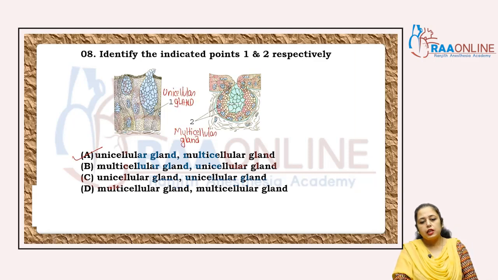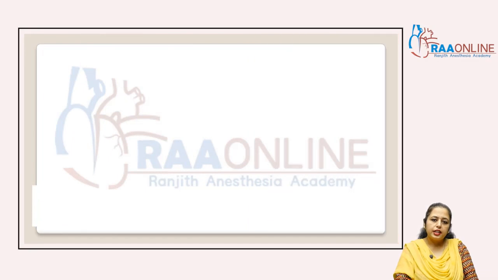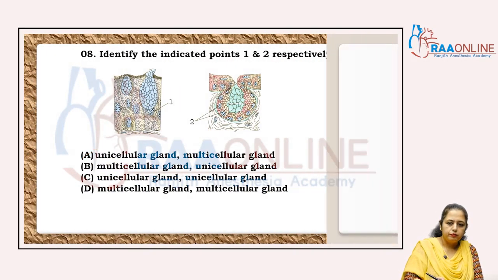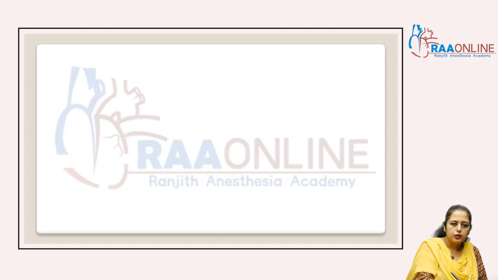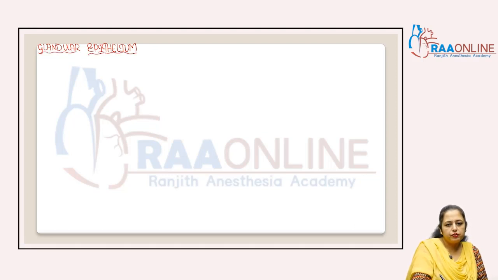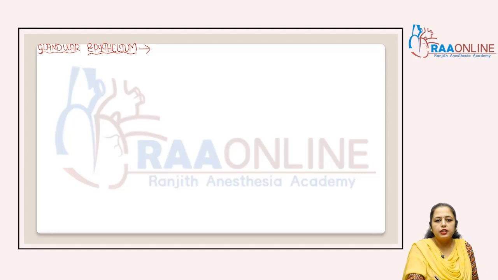Actually, the unicellular gland and the multicellular gland are the types of glandular epithelium. The glands consist of ectoderm, endoderm and mesoderm.